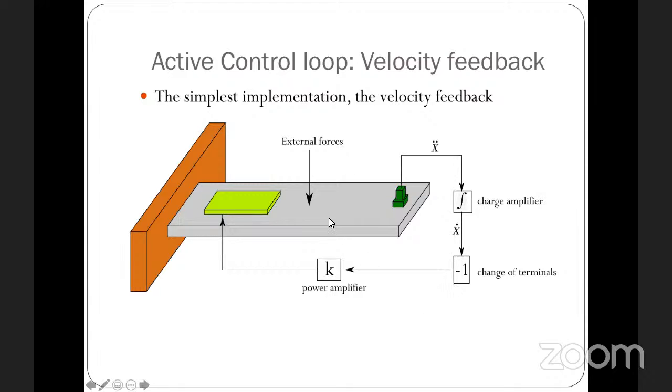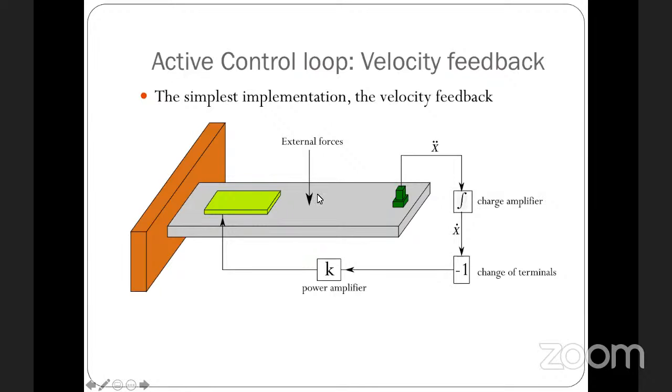Passive vibration control is where, when there is vibration, you try to take the energy out of that system, or you try to modify the dynamics. Like vibration absorbers, you modify the dynamics so that your resonance frequency moves away from your excitation frequency. Active vibration control, on the other hand, is different. Suppose your beam is here, and there is an external force causing the vibrations.